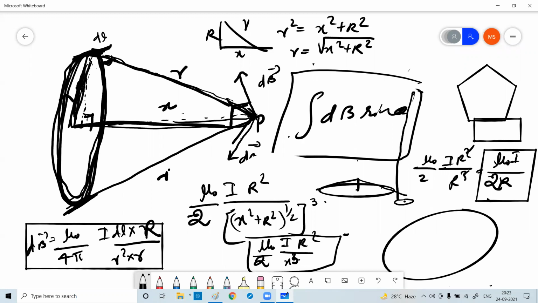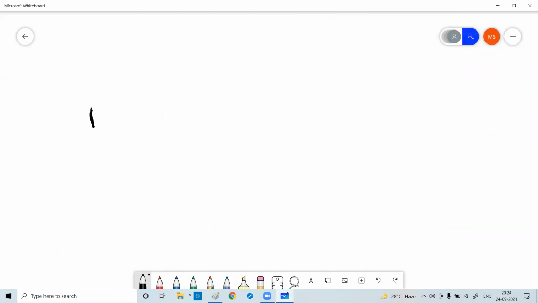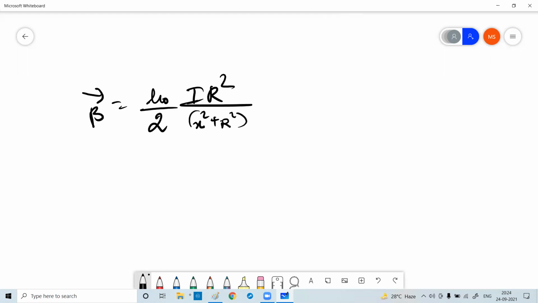So this is what is given in the expression. Okay. So now we have the next topic, magnetic lines for a current loop. If you have a current loop, what formula did we get? The general formula we got is B equal to mu naught by 2 I r square by (x square plus r square) to the power 3 by 2. This is your actual expression.